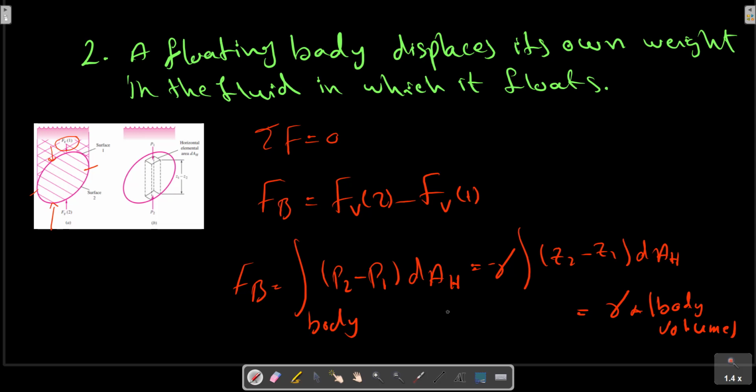These are identical results and equivalent to Archimedes' first law.